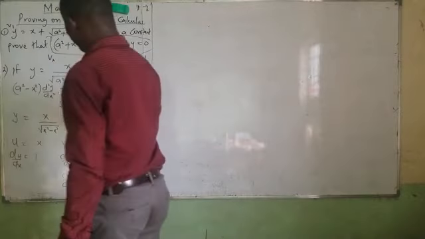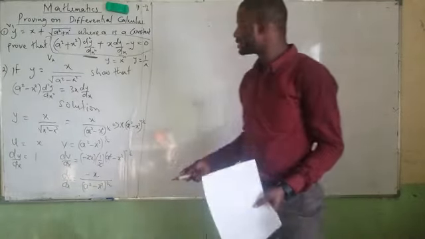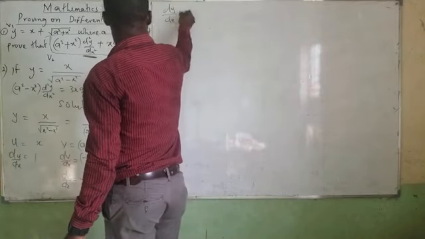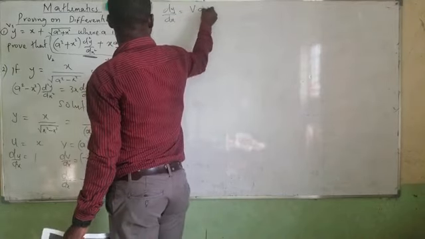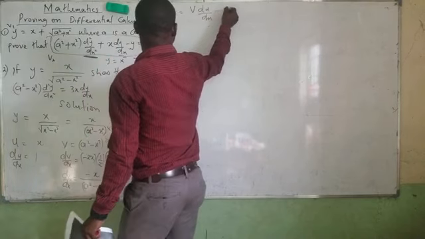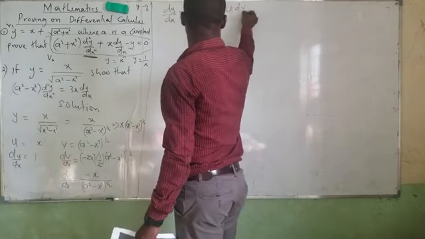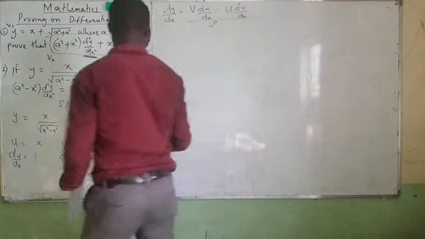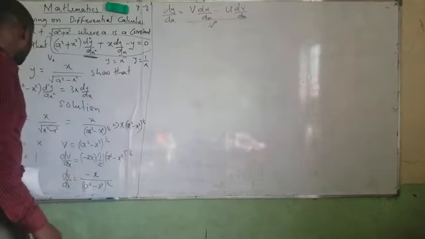Don't forget, I'm coming in the form of a quotient. Now I can say that dy/dx will be equal to v du/dx minus u dv/dx, all divided by v squared. Now, what is my v?